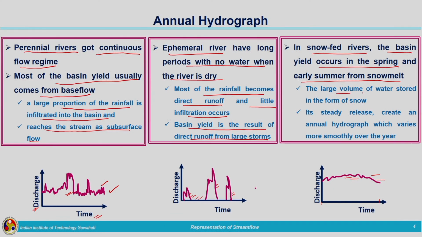The large volume of water stored in the form of snow, its steady release creates an annual hydrograph which varies more smoothly over the year, and this is gradually released. Because of the gradual release, the stream flow records are more or less uniform or smoothly varying over the entire period.